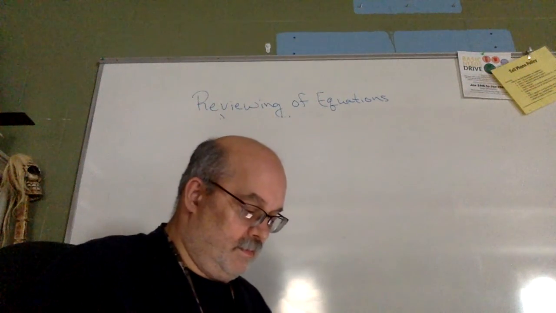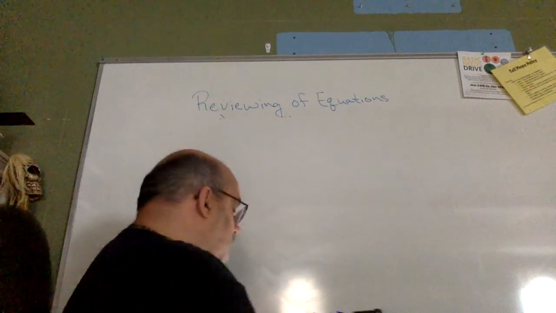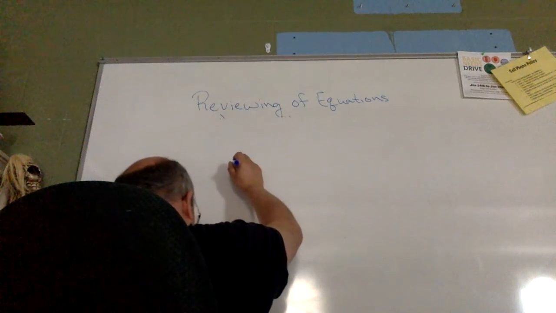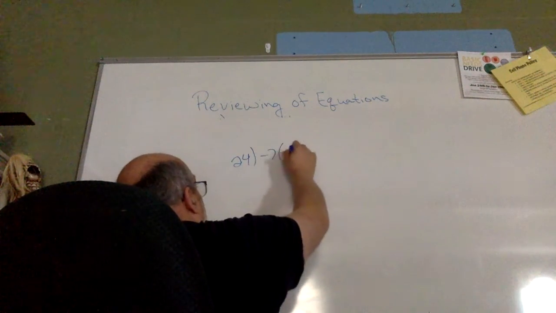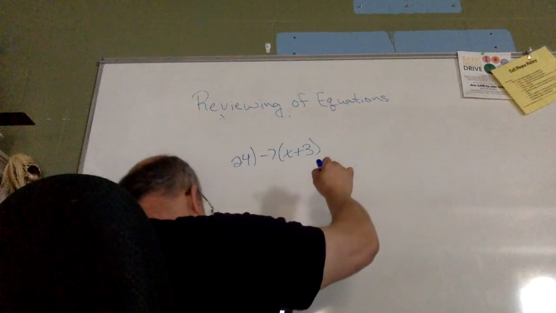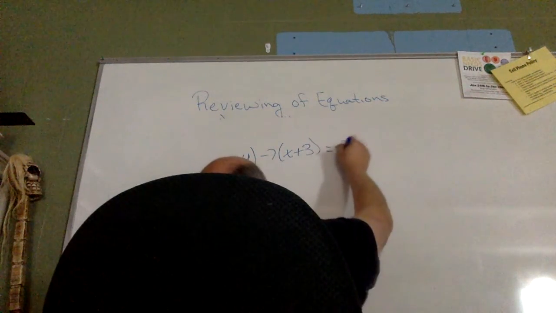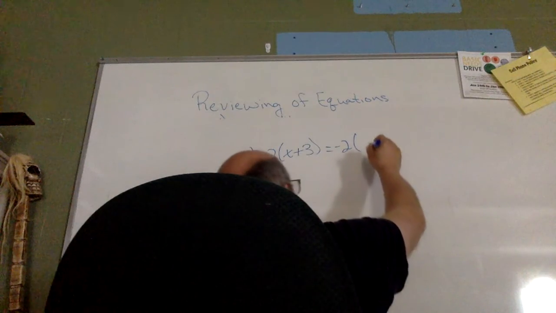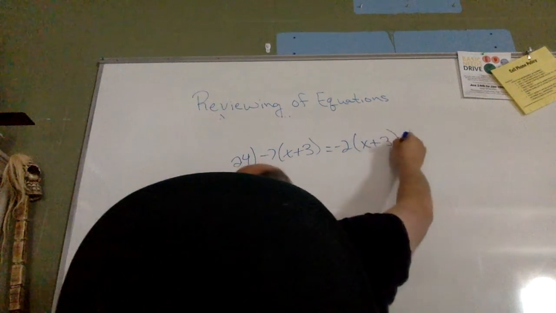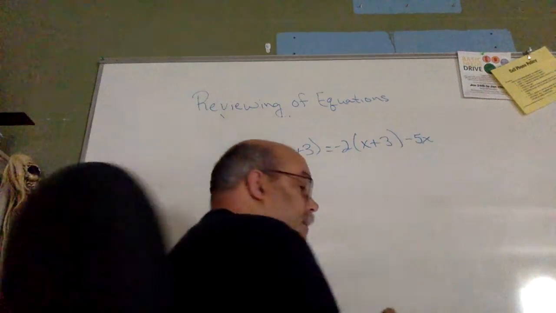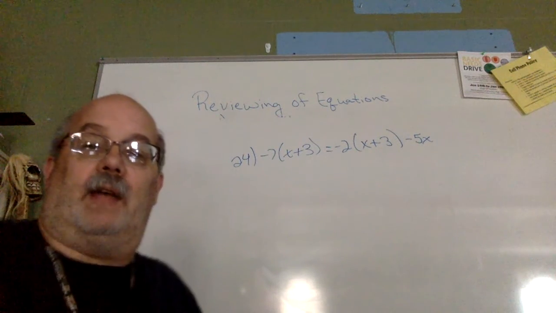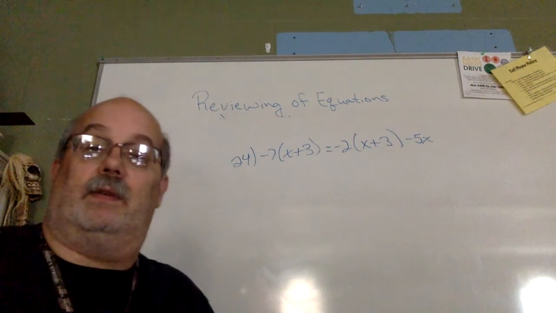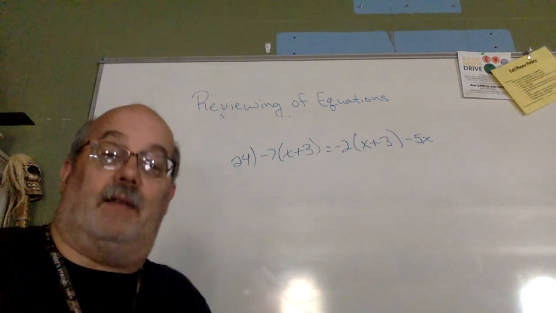I want to pick a real special one for you. So I have negative 7 times x plus 3 equaling negative 2 times x plus 3 minus 5x.